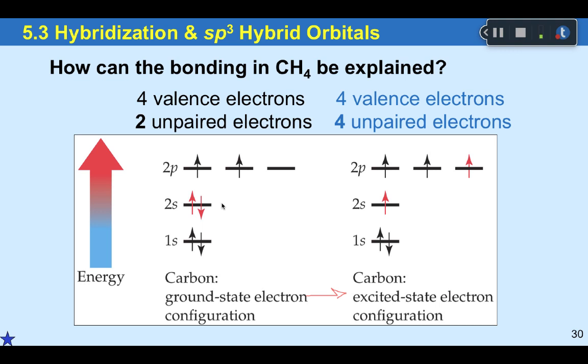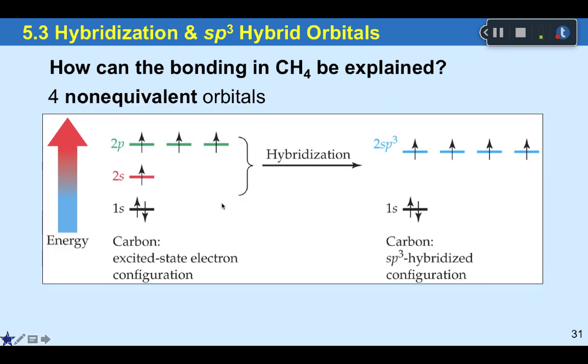Well, if we had those things come together, does it make sense with the geometry that we know to be reasonable for methane? Well, if we take those 3 2p non-equivalent orbitals and hybridize them with the 1 2s orbital, we can get, again, sp3 hybrid orbitals, 4 equivalent orbitals that are somewhere in between the 2 in terms of energy and character.